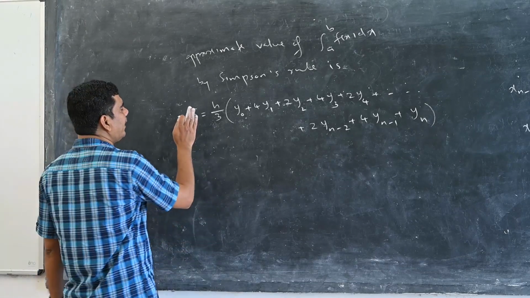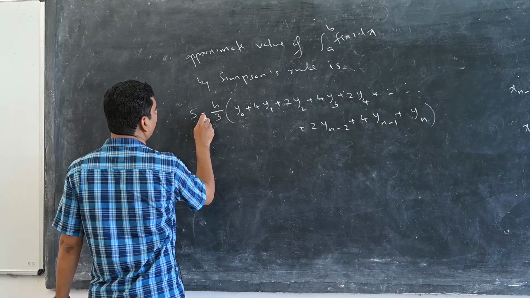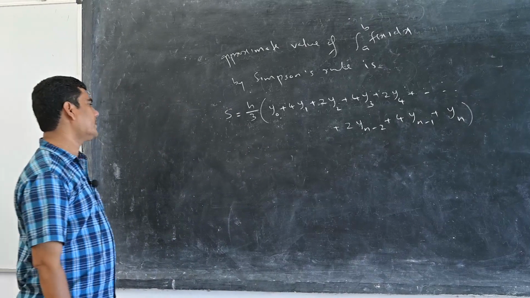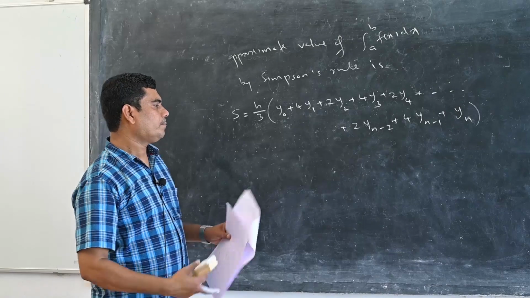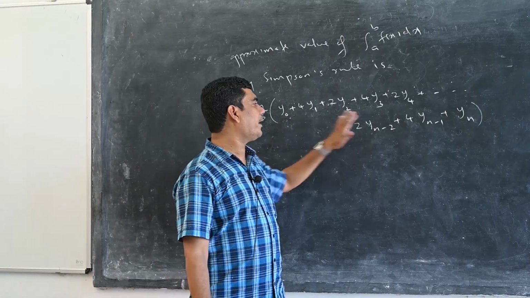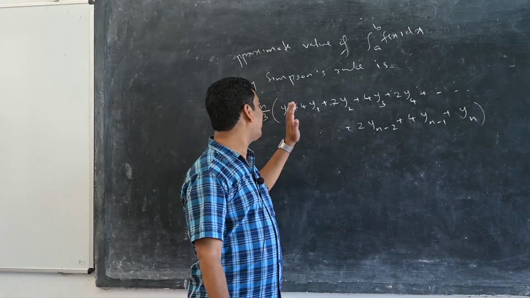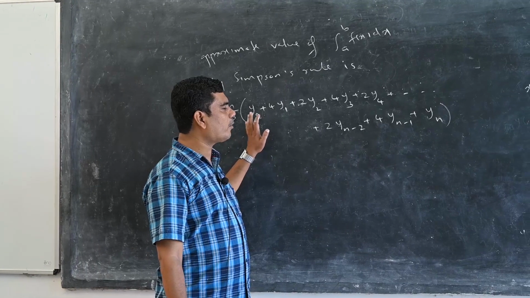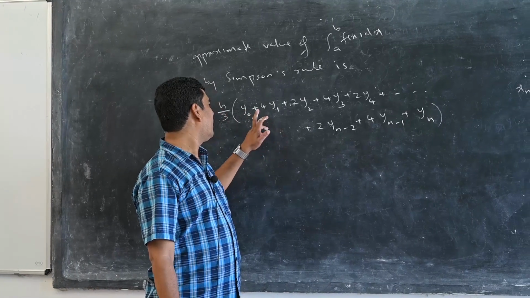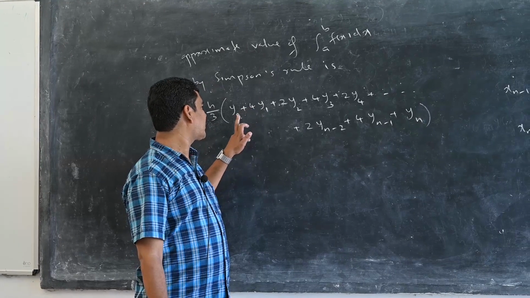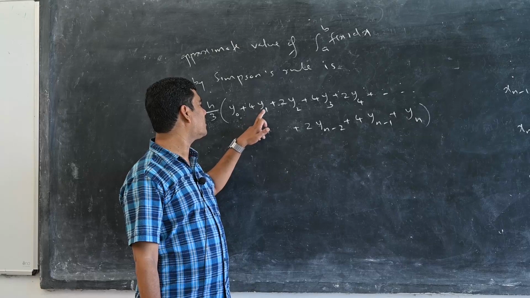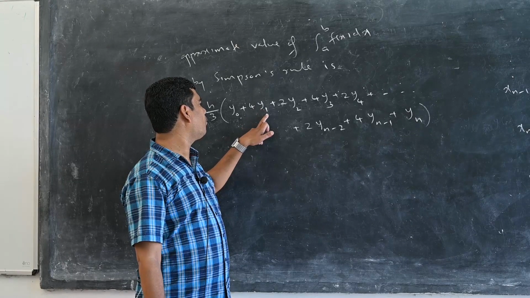This is the value of the integral a to b f of x dx by Simpson's rule. y0 and yn, we don't multiply by any number. Excluding y0 and yn, multiply by 4 all those yi with odd suffix.